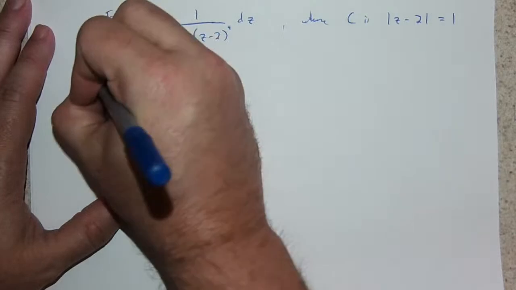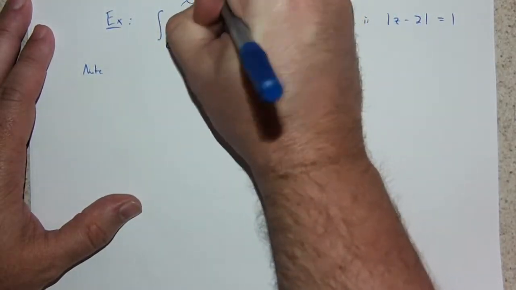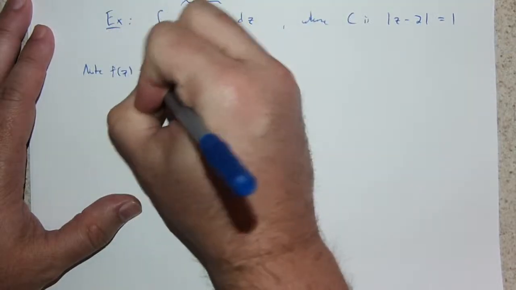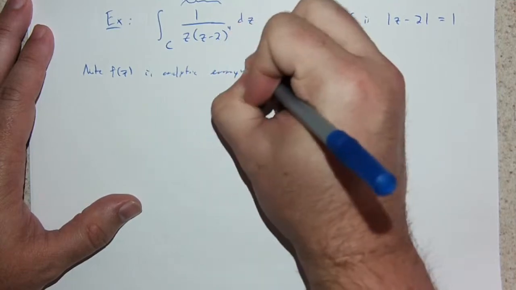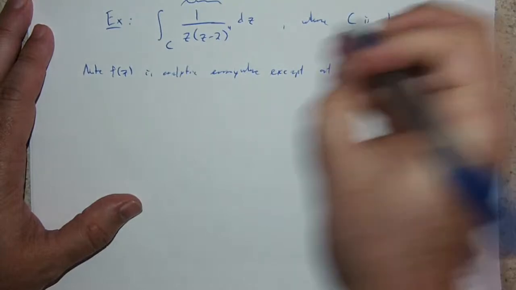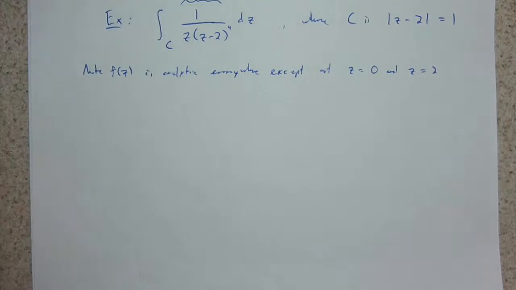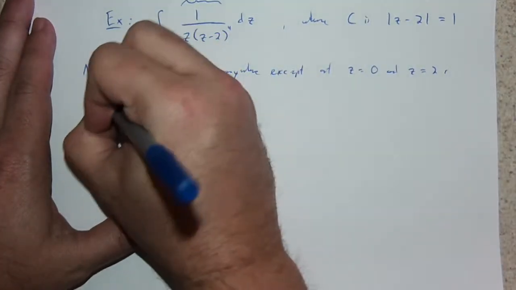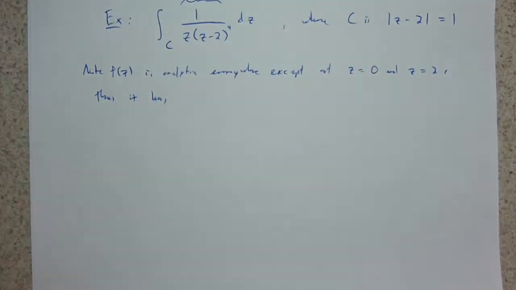So note the integrand, we'll just call it f of z. So note f of z is analytic everywhere except at z equals 0 and z equals 2. Thus, it has a Laurent series expansion on the annular domain where I've taken out 0.